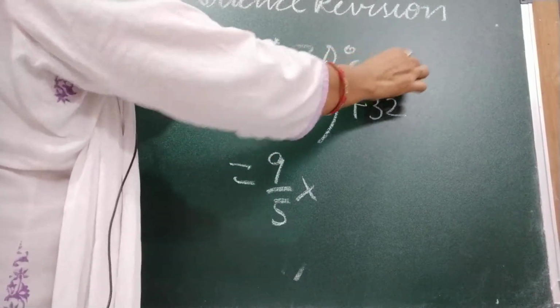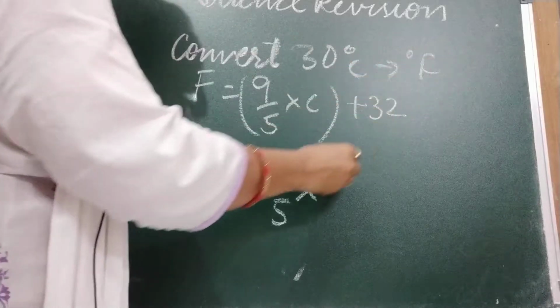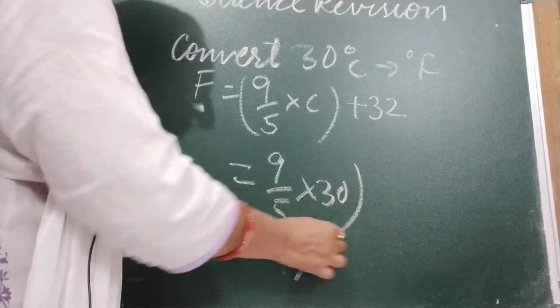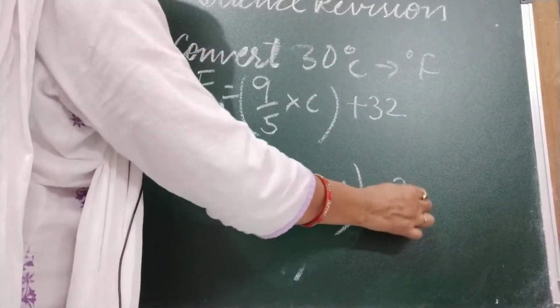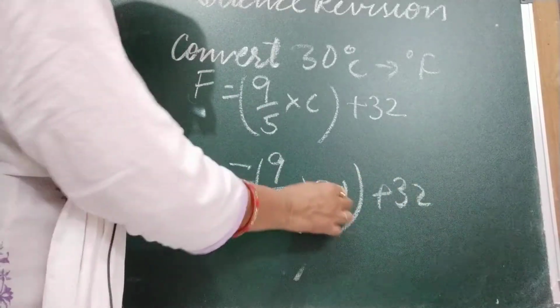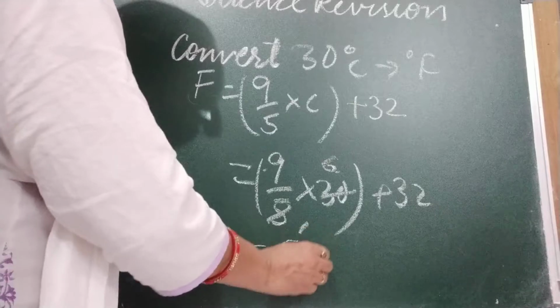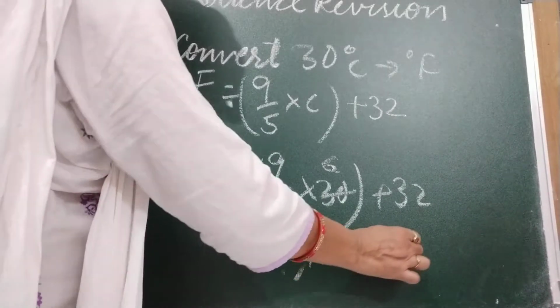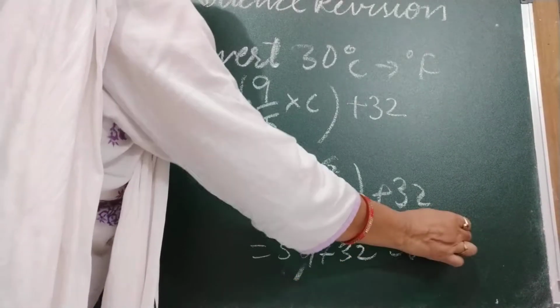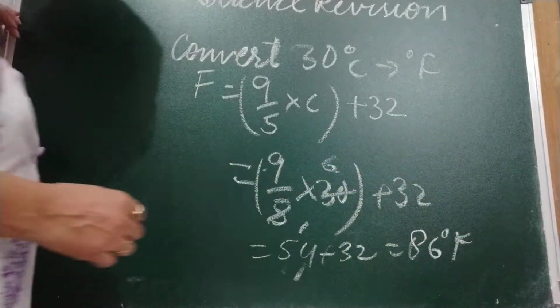We have to convert it into degrees Fahrenheit. 9 upon 5 into 30 is 54, 54 plus 32 is equal to 86 degrees Fahrenheit.